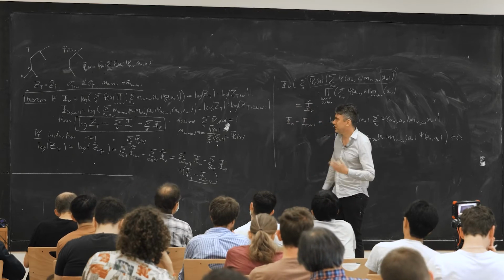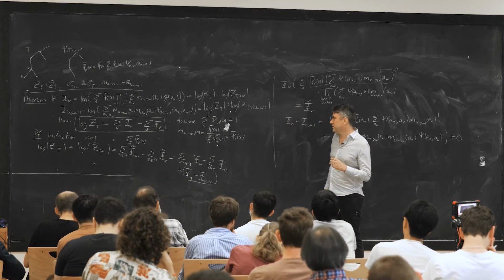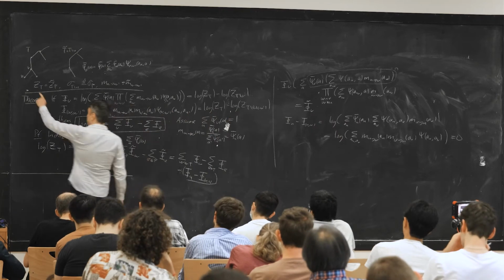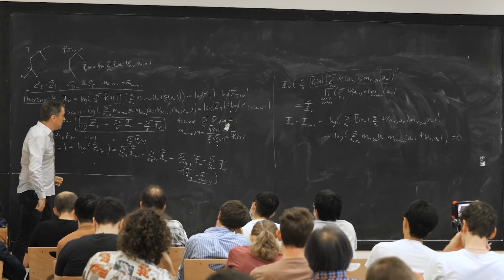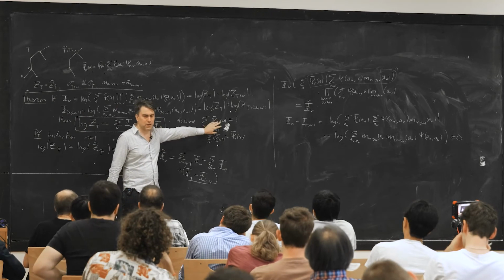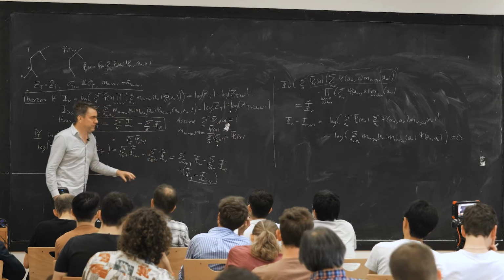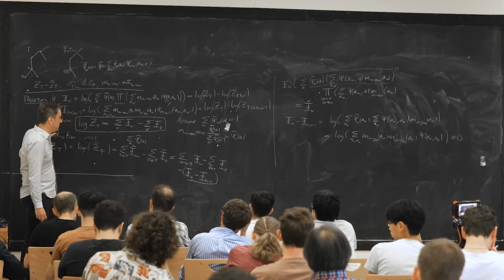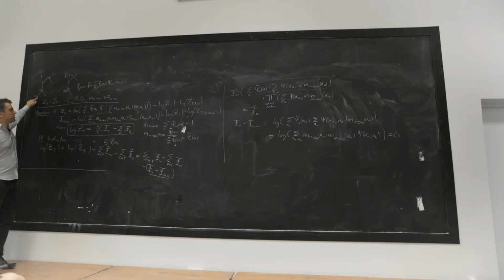So really what I should do is, each time I pick some leaf, I normalize its psi bar by pulling out the log of the sum of psi bar, and then we could keep doing that, and eventually we would indeed get 0, but we would get the sum of all these extra terms along the way. Log of Z is exactly the sum of those normalizations, and that's the secret.